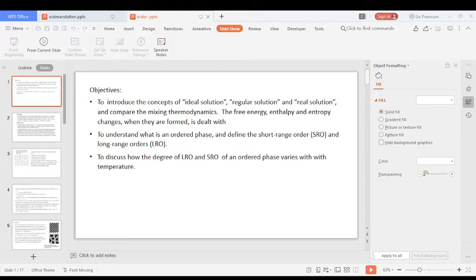Similarly, the probability of occupancy of a particular site by B atoms is the same as its mole fraction XB. So in this particular case, delta G mixing, as a consequence of these definitions, is RT multiplied by (XA logarithm of XA plus XB logarithm of XB).